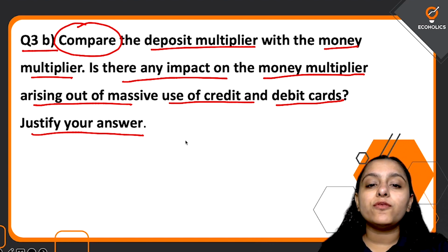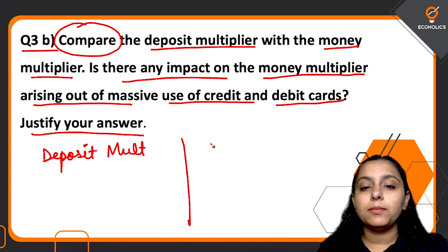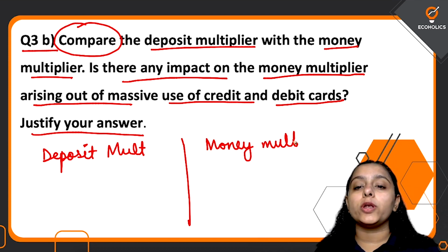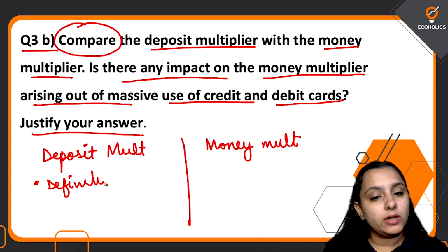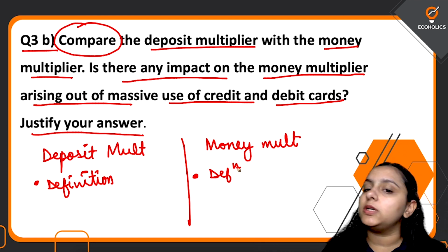So in this answer, please be very careful while picking up the strategy. First, you have to bring the comparison between deposit multiplier and money multiplier. When you compare, what all points do you need to include? The first point is the definition, which is quite obvious, so talk about the definition of both the multipliers.